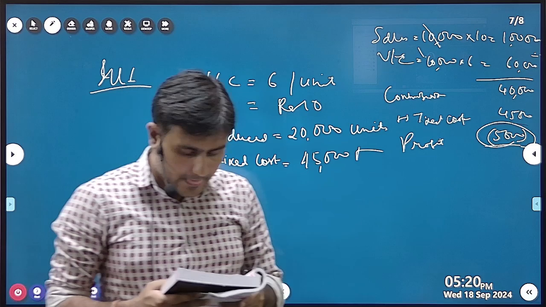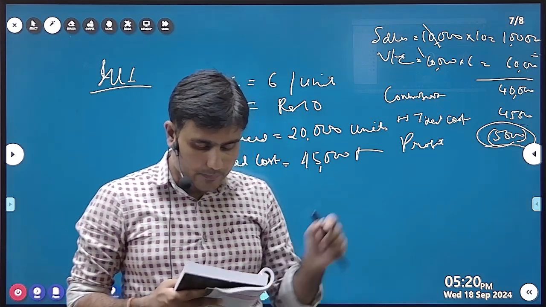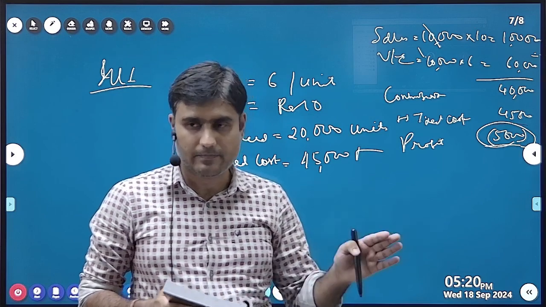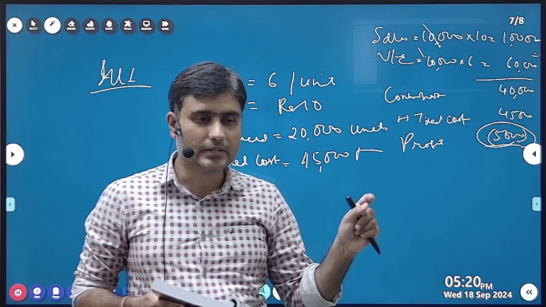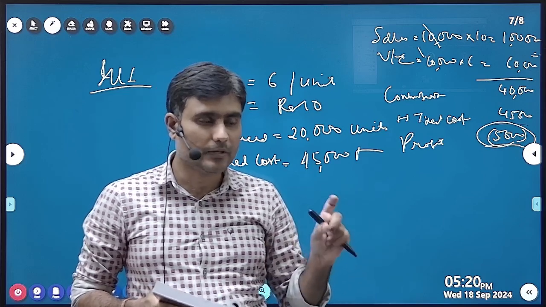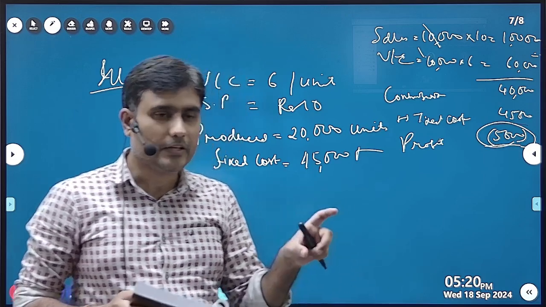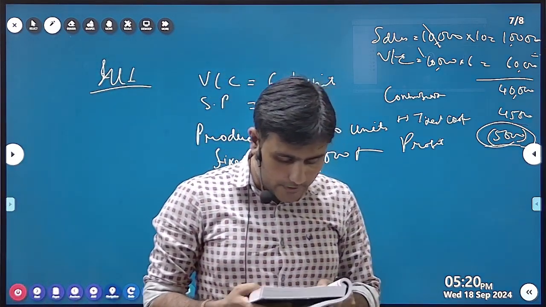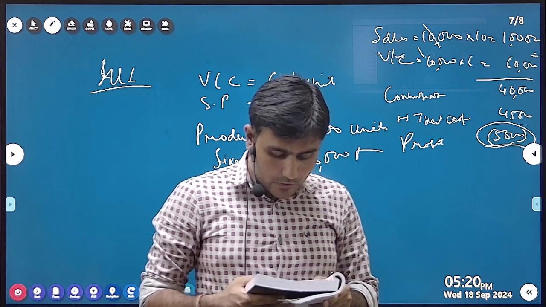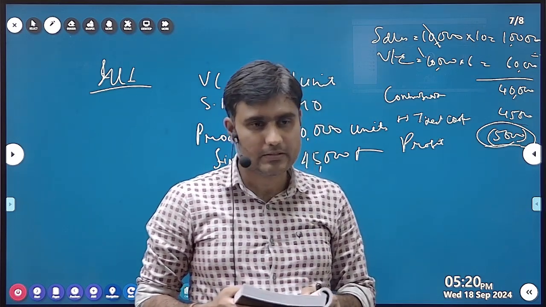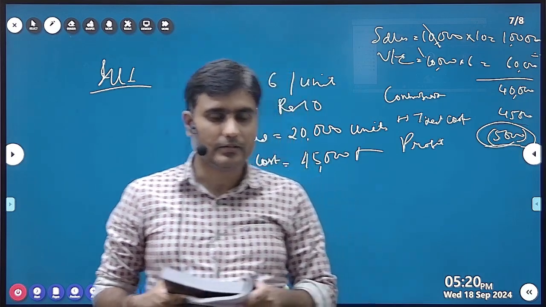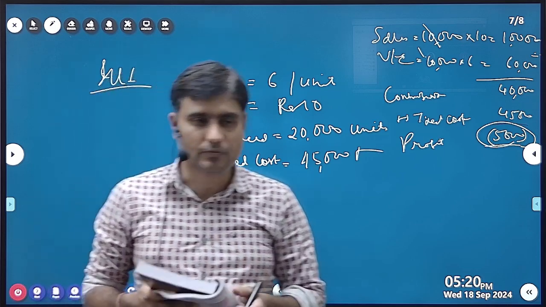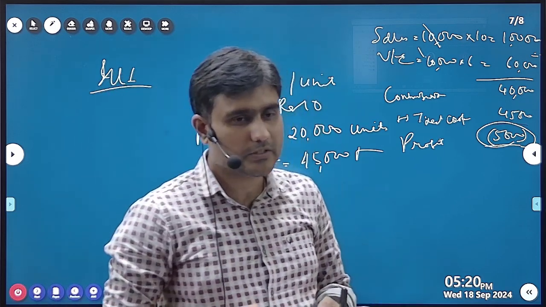But profit per unit is increasing with the increase in volume because the fixed cost is the same and the variable cost per unit is the same. The contribution per unit is constant at all levels of output and sales, right? The contribution per unit is 4 for all the three. There is no change in contribution per unit.